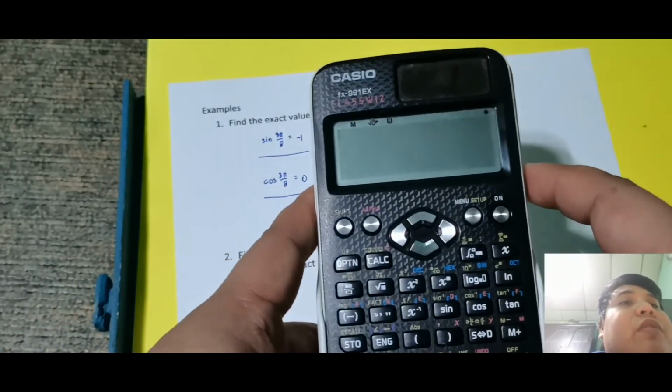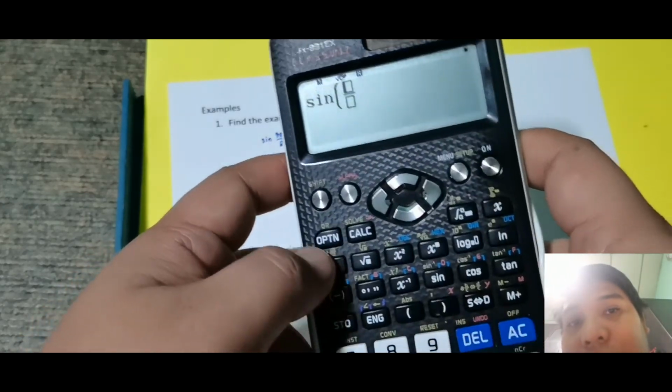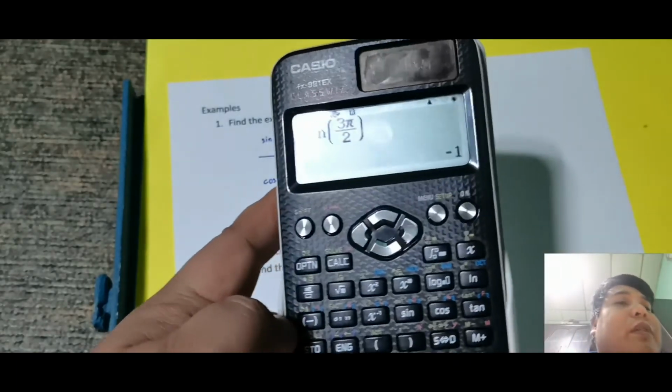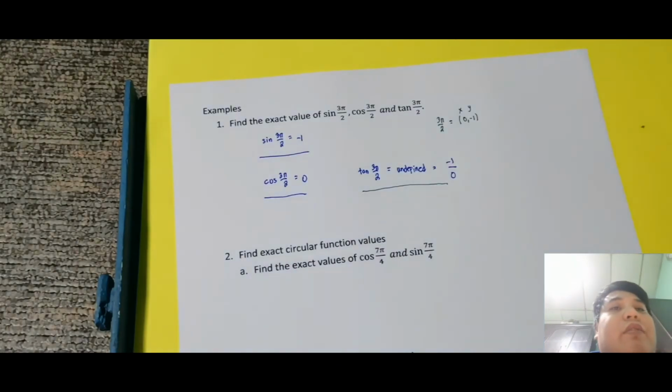I set it to radian 2, so it is now in R, radian. Now I check sin of 3 pi over 2. That is negative 1. So consider that value too. You can calculate or not, because the unit circle was given so you can solve this.